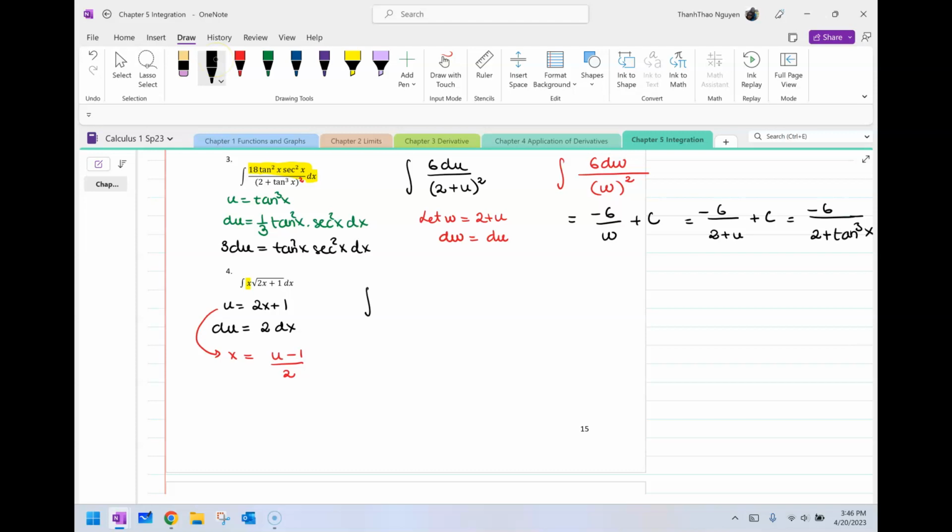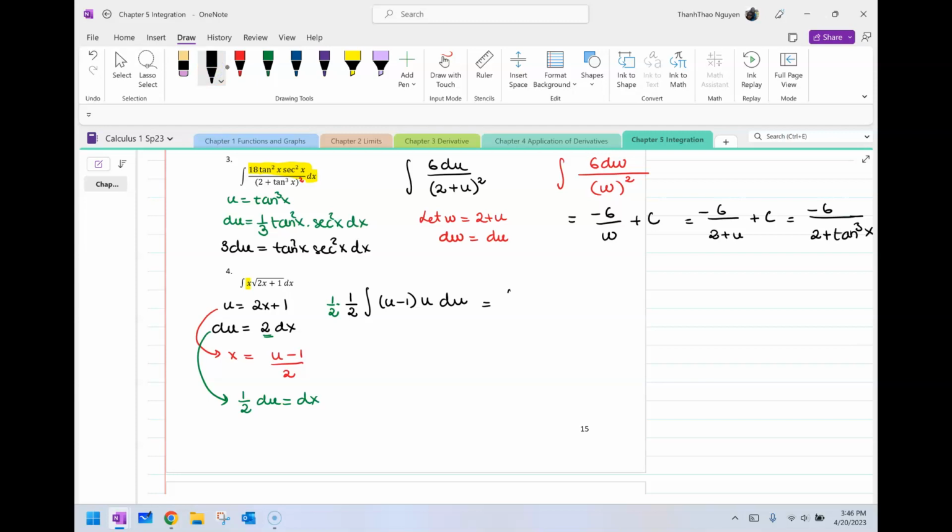So then here I have the integral. I put the 1/2 up front. 1/2 (u minus 1) times square root of u du. And remember right here, there's a 2, so 1/2 du equals dx. So then we have another 1/2.